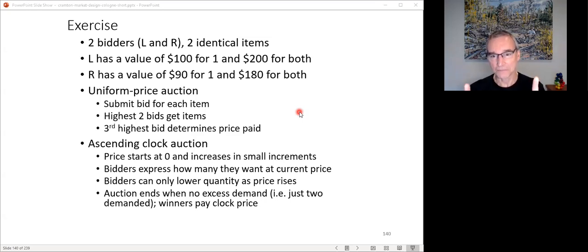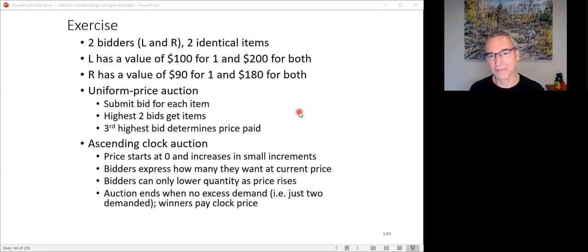And then the reasoning was essentially that there's no way that R could win 2. So R bids for 1, but if R is bidding for 1, then L has an incentive to unilaterally end the auction by dropping to 1 as well. So that's demand reduction, which is what we were just talking about in the uniform price auction.